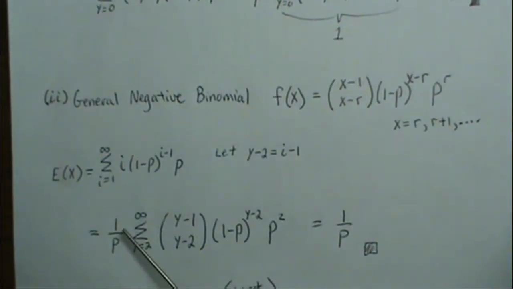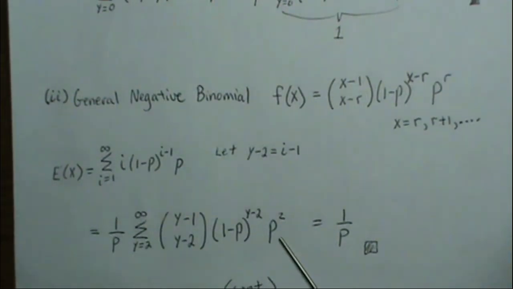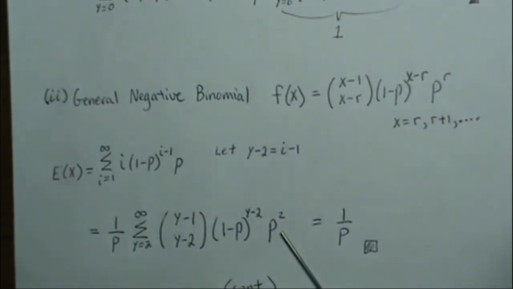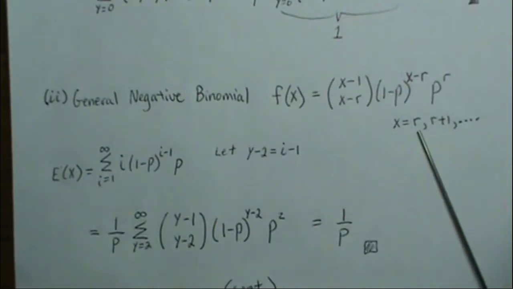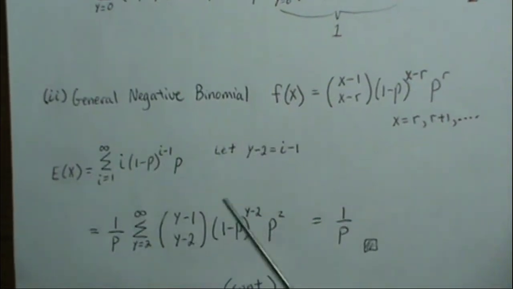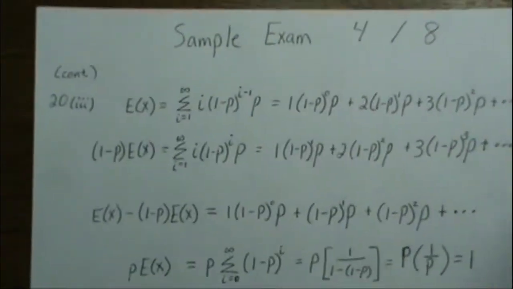We multiply by p and divide by p, so that's how we get the p squared. And then this right here is the general formula when r is equal to 2. So this piece right here sums to 1, leaving 1 over p. So that's another solution. And those are pretty common, to trick it into looking like another negative binomial.